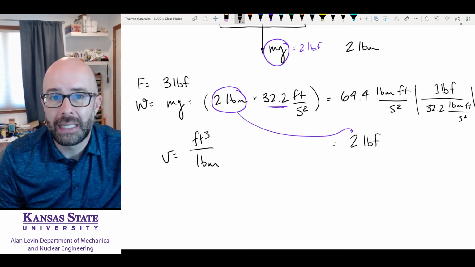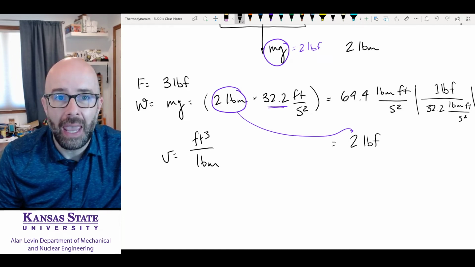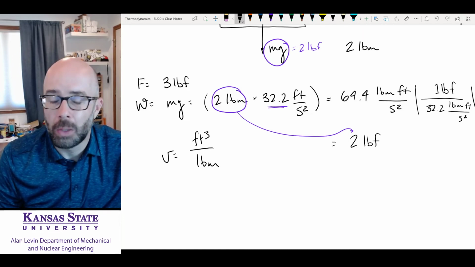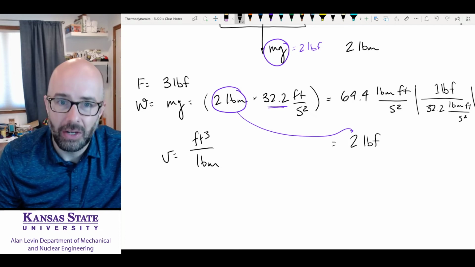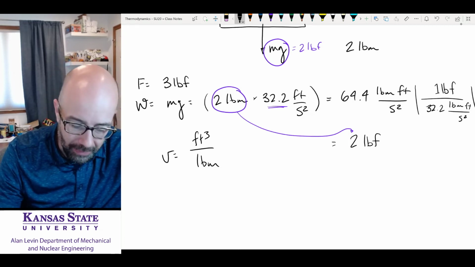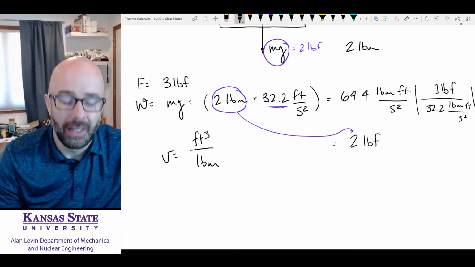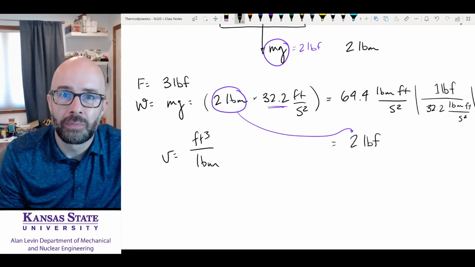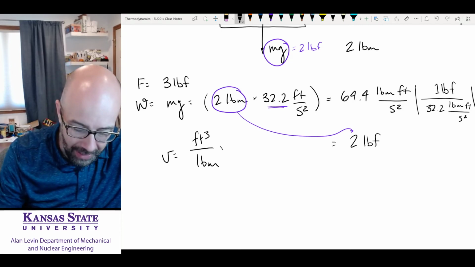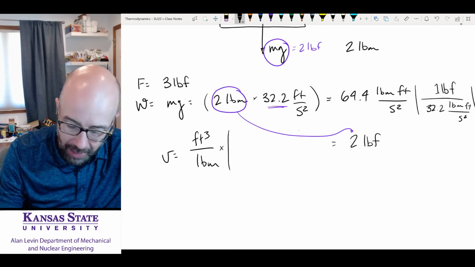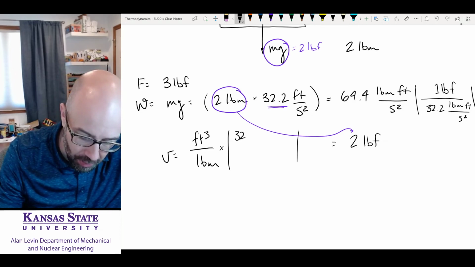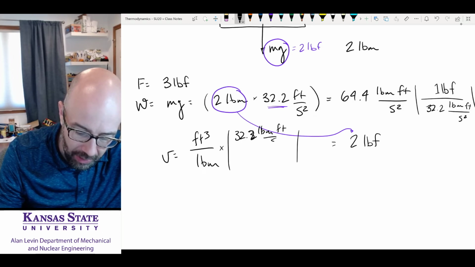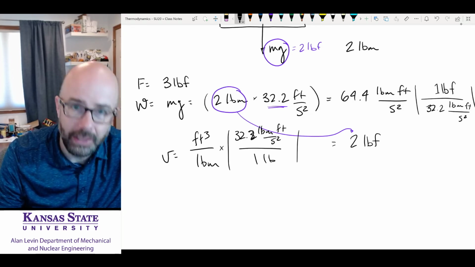If we're dealing with a specific volume and a problem where we need to figure out force, specific volume is not taking times gravity in this case. So if we want to do this conversion, we're going to have to say that 32.2 pounds mass feet per second squared is 1 pound force.